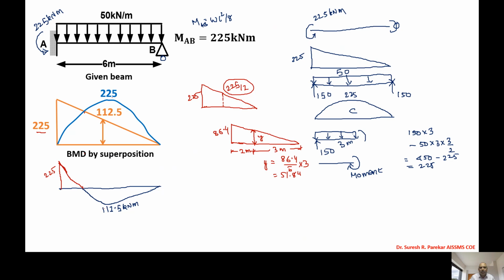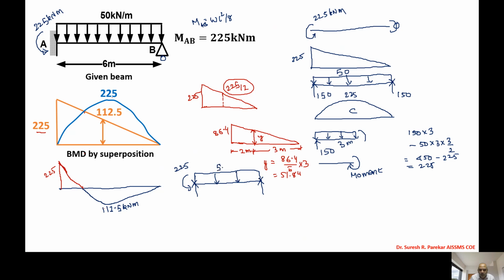Now instead of superposition, if you have to plot directly on the tension side, how will we plot this? Then we will have this. So this value we have 225, and then we have it in this way.